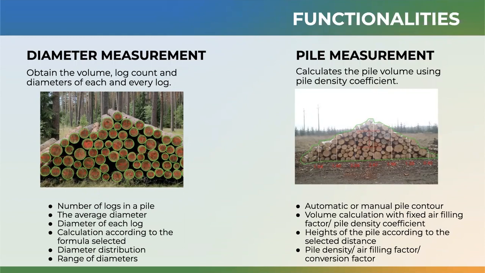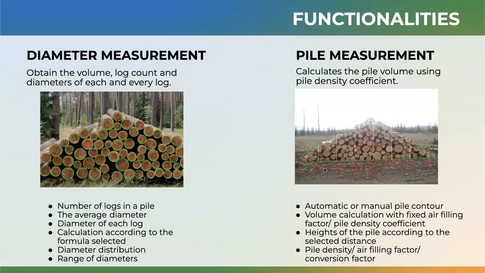The second key feature is the pile or contour measurement, which calculates the volume with the help of a pile density coefficient. You have two options there: the application can automatically contour the pile and show you where the borders are, or you can do it manually by marking it yourself.